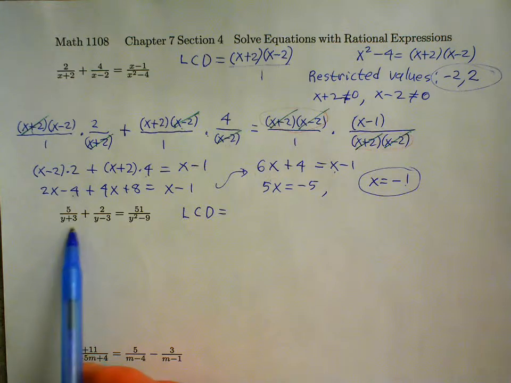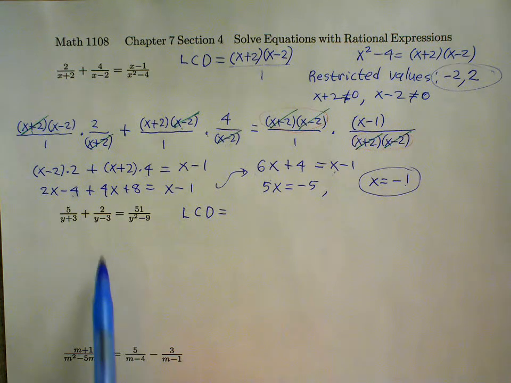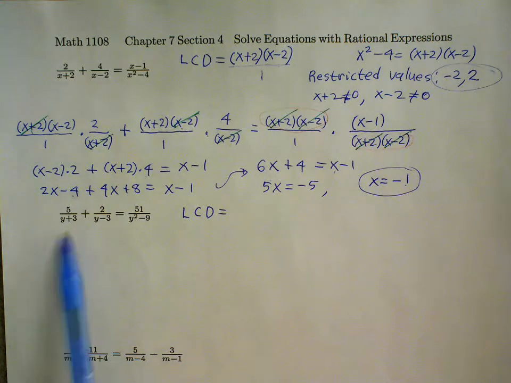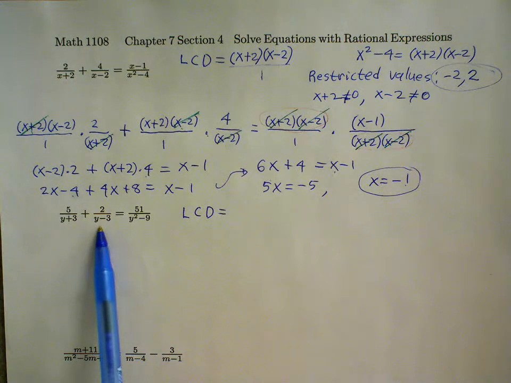The least common denominator here is found in a similar way that it was in the previous example. One of the binomial factors in the denominator is y plus 3. In the next denominator, we have the binomial factor y minus 3.